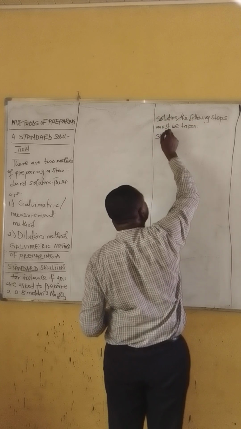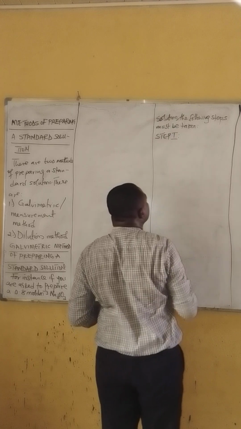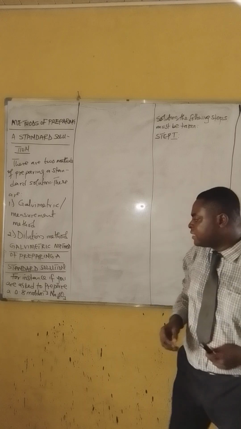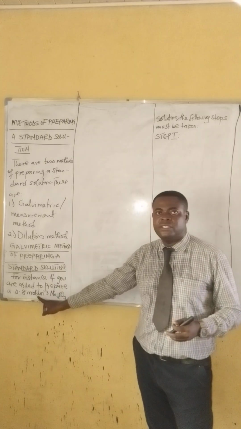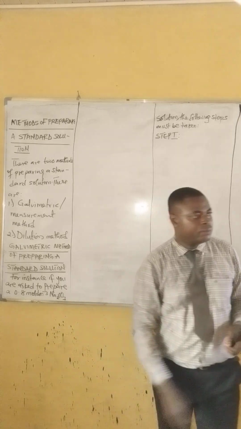Step 1. First thing to do is to convert these units from mole per dm³ to gram per dm³.